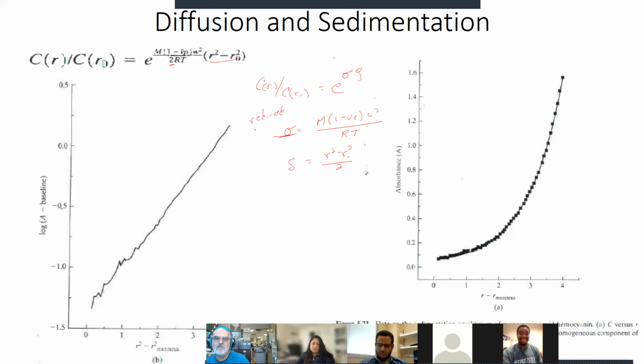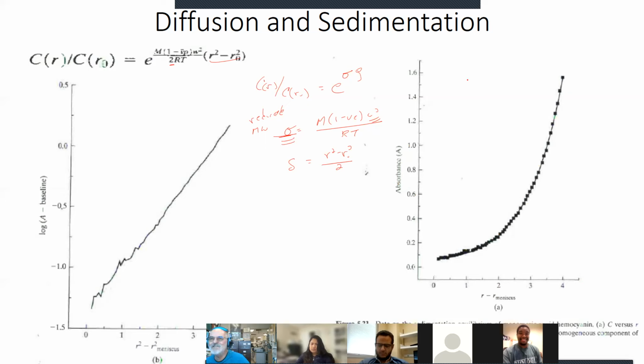And what you can see is it involves molecular weight and speed. Okay, so the curvature that you see, the dependence of absorbance or signal on position in the cell, how curved this is, how shallow it is, how sharp it is, is a measure of sigma.